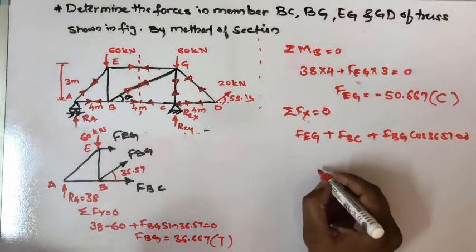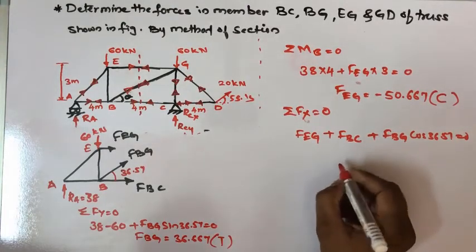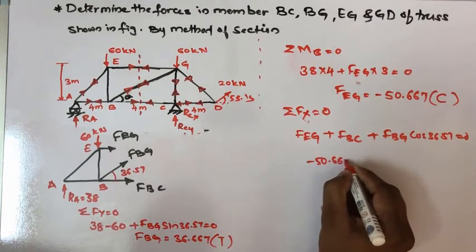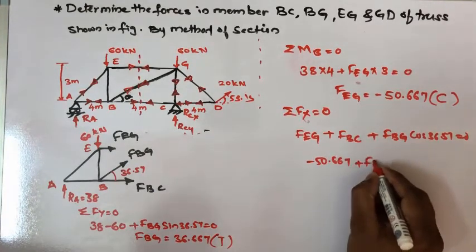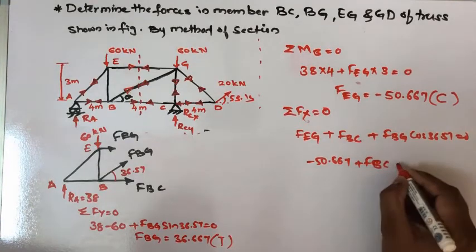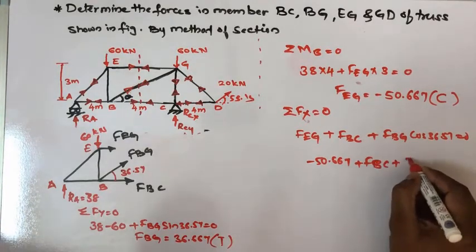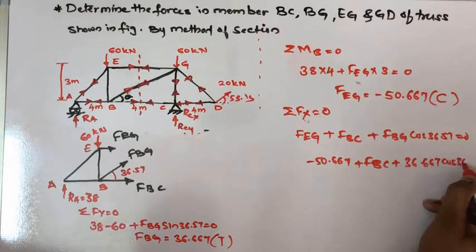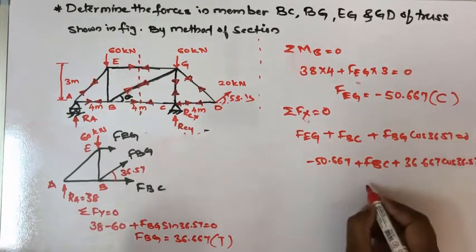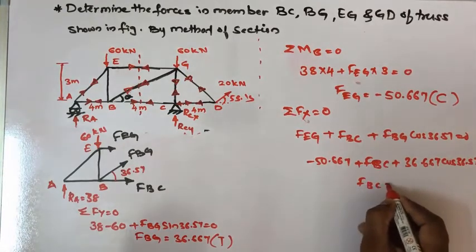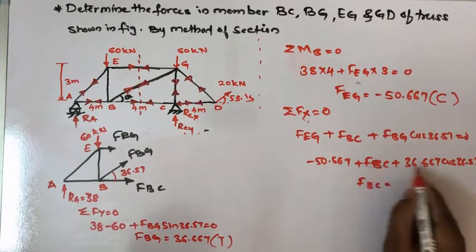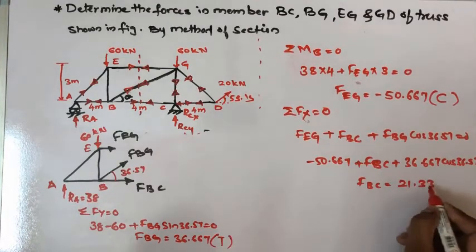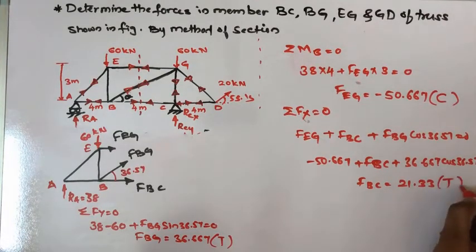So if I simplify this, I'll get FEG value is minus 50.667 plus FBC, then plus FBG, which we got as 36.667, cos of 36.57 equal to 0. If I calculate, I'll get FBC as 21.33, which is a positive value, so it is nothing but a tension.